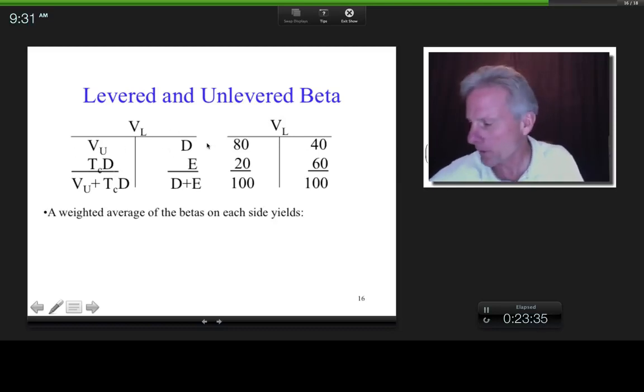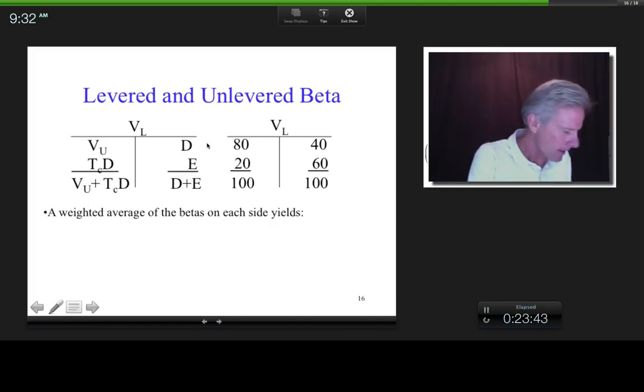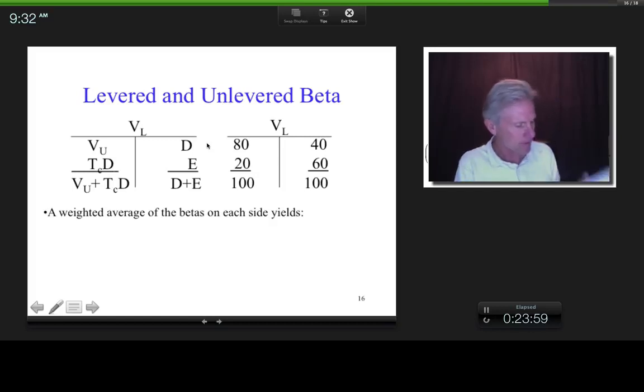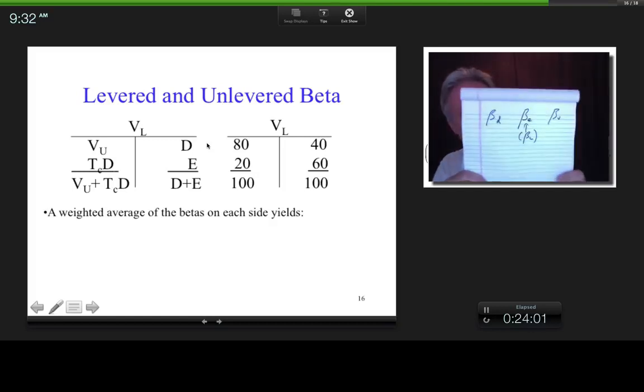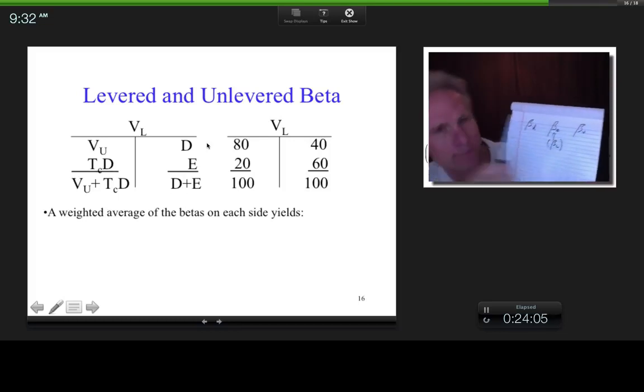So I'm going to give you a choice of betas here. Imagine that we have a beta of debt, a beta of equity, that's our levered beta, our regular normal beta, and an unlevered beta. So here are our choices: beta of debt, beta of equity, and beta of unlevered.